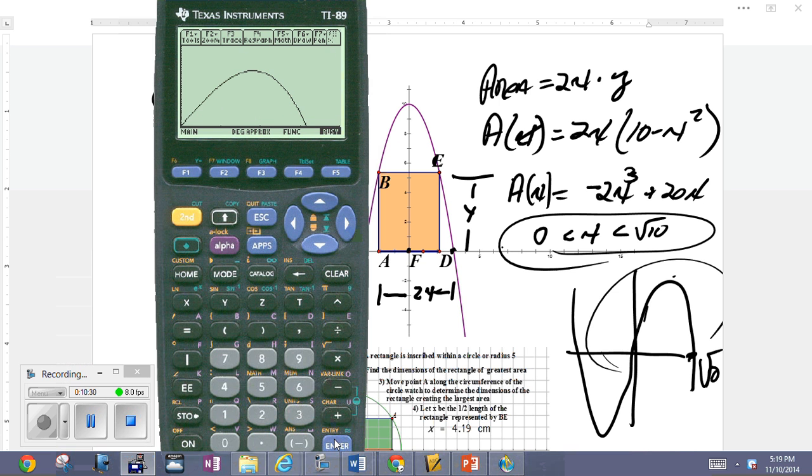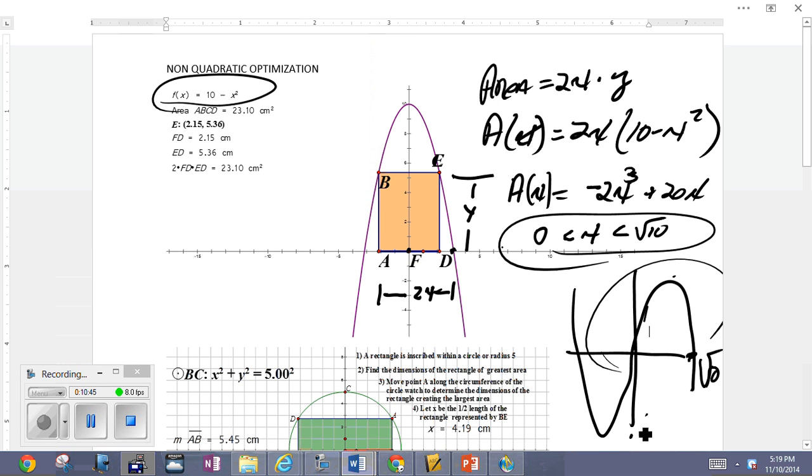And there I'm going to find where it peaks out is that the x is 1.825 and the maximum area produced is 24.34. So 1.825 is my x max. x is equal to 1.825, and the area was somewhere in the area of 24, I believe.